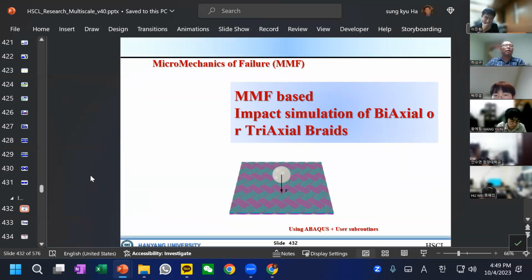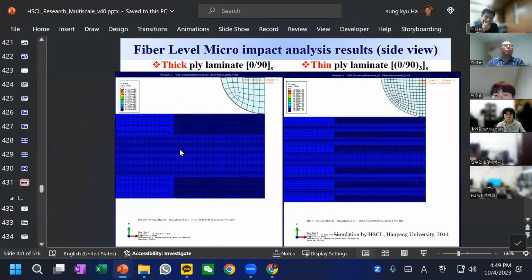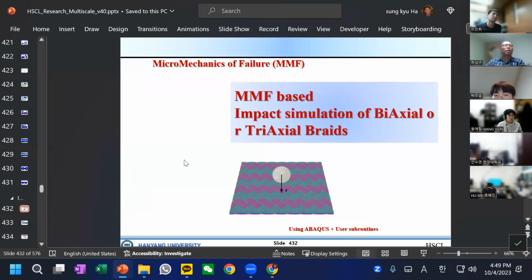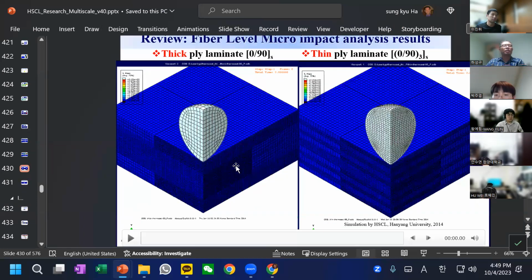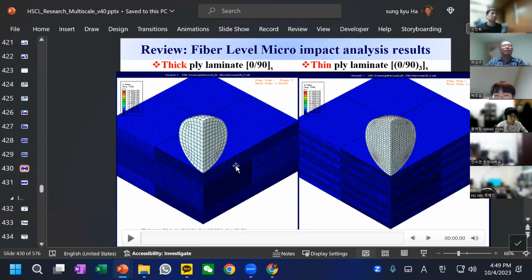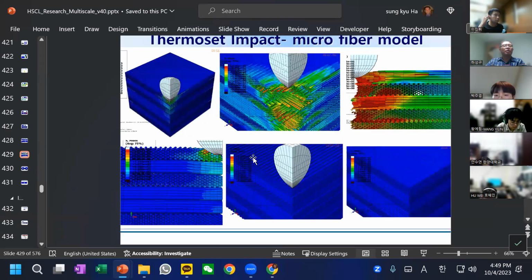And this is just a demonstration. It's not possible to simulate this way in practice. It's a really crazy procedure, modeling all the tows, I mean, the fibers.